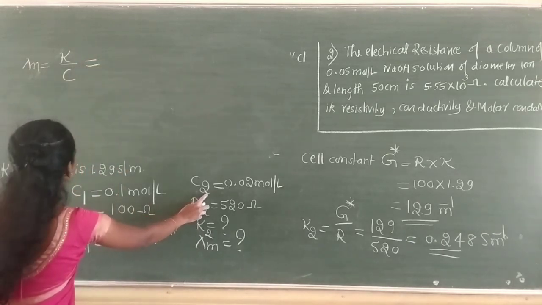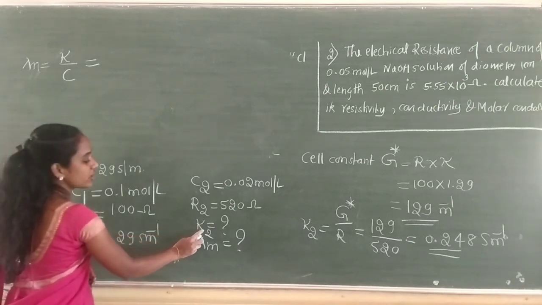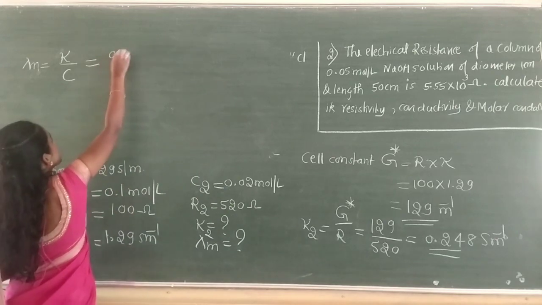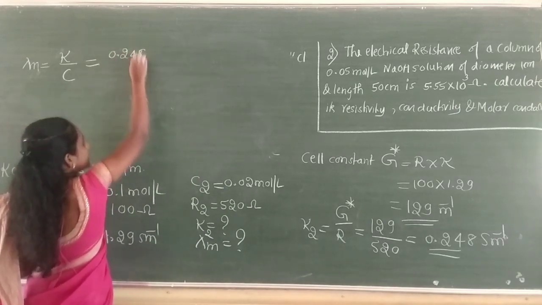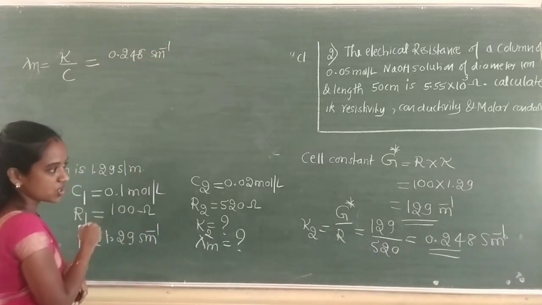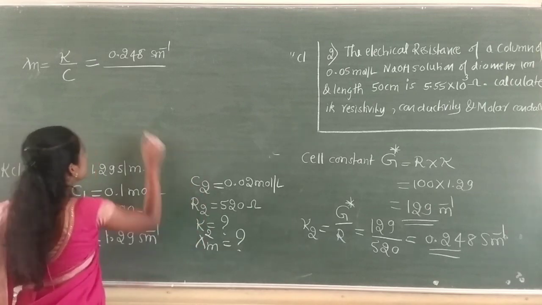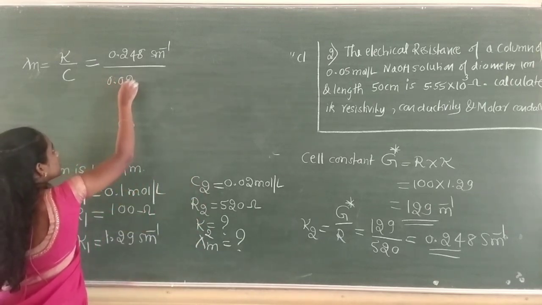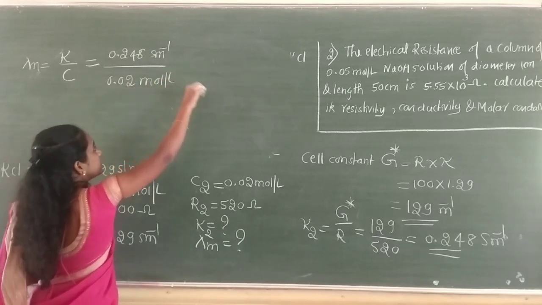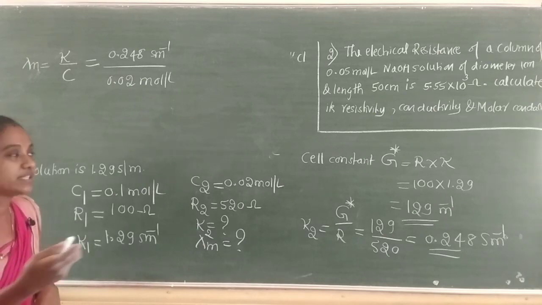Because we are calculating the molar conductivity of the second solution, we need to consider the same conductivity value. It is 0.248 Siemens meter inverse, divided by the concentration, which is 0.02 mole per liter. So we need to convert liters to meters.